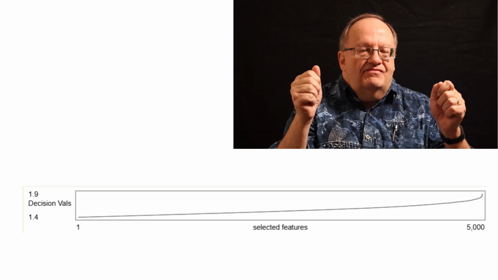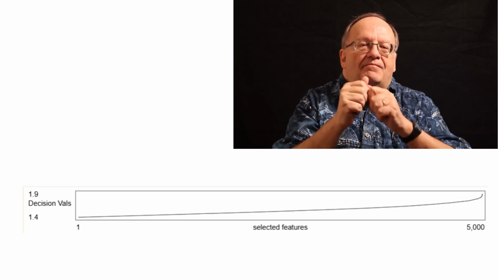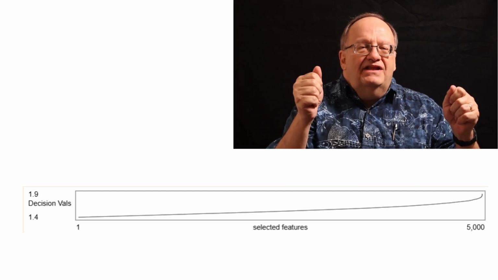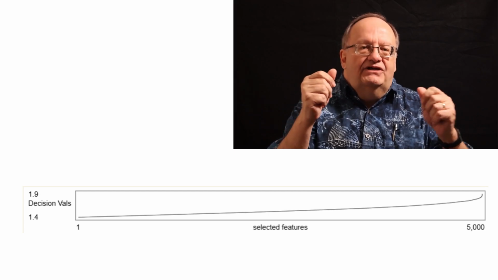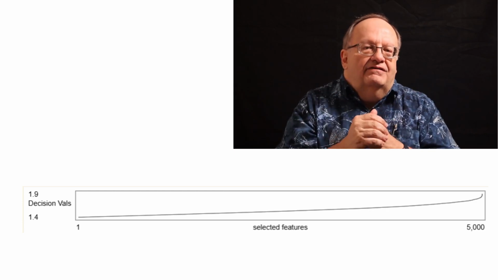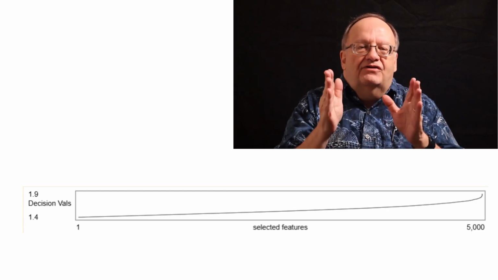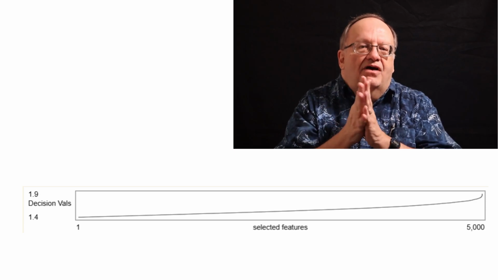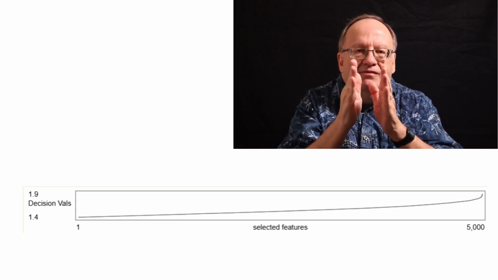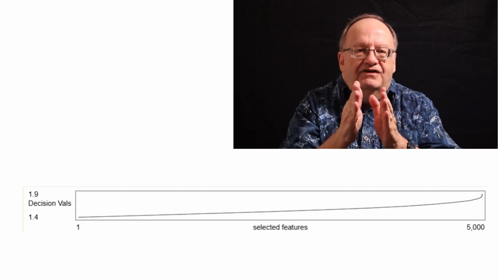We don't want to use 5,000 in our machine learning, but having 5,000 means we've kept almost anything that might have any information about A versus B. We will prune that down later, particularly as we increase our resolution and try to focus on the molecules we care about. The big thing we do to prune down the number of features is decision values.